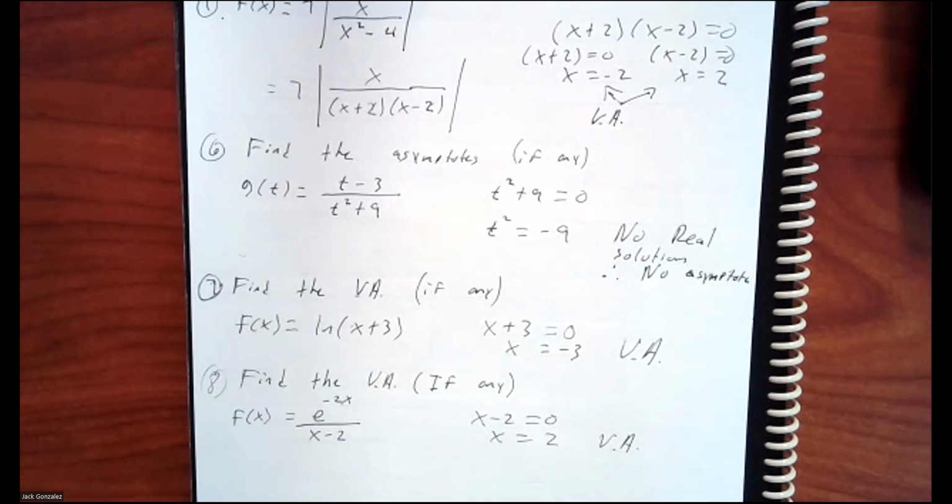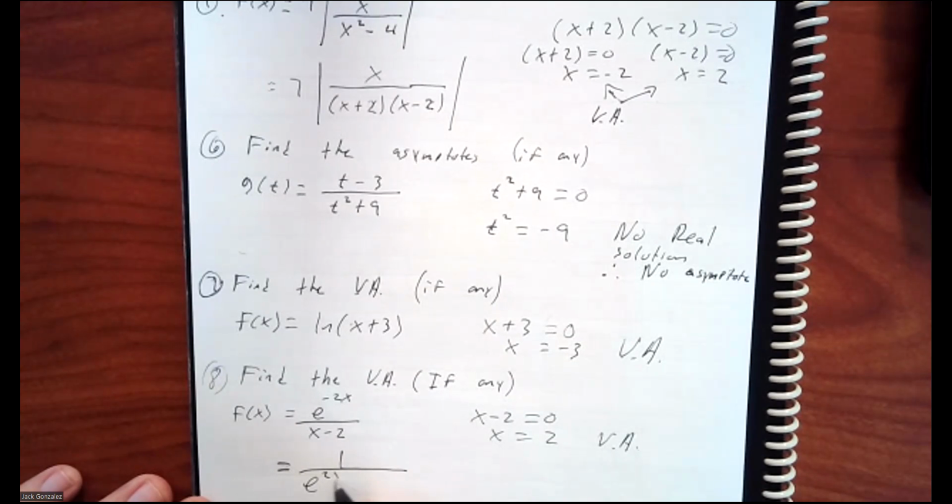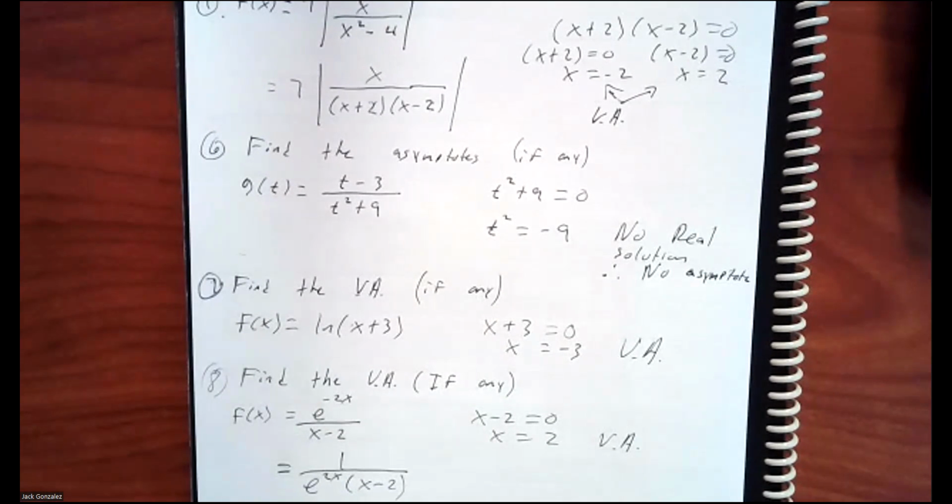So the E doesn't do anything for you. E is defined everywhere. And it's never equal to 0. So we're safe because technically E is on the bottom, right? You see that negative power? This is equivalent, or actually equal. Equivalent is different. These are equal.